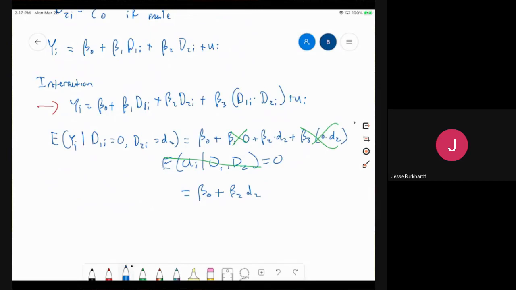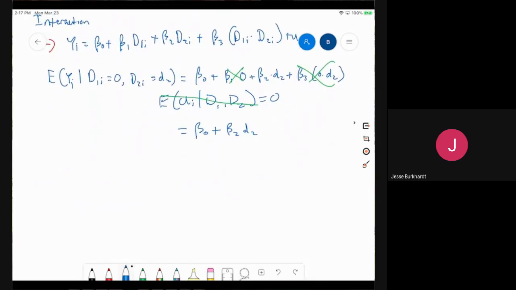What about for d1? What's the conditional expectation for when d1 equals 1?